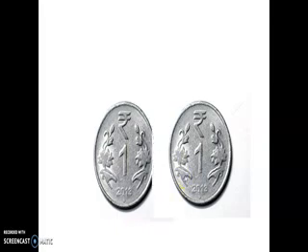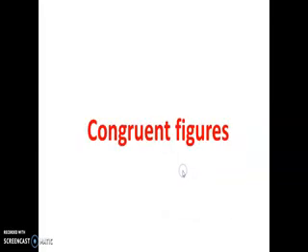See, yes, they cover each other completely, isn't it? It happens so because these coins also have same shape and same size. These types of figures, we call them congruent figures.